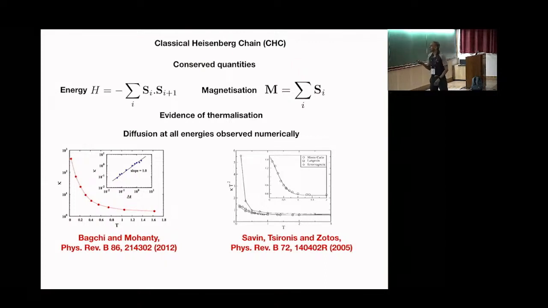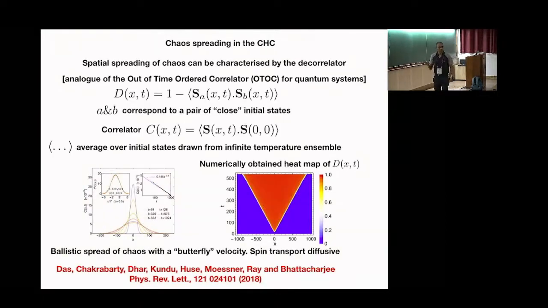Here are some numerical calculations of the thermal conductivity, from which you can extract the thermal diffusivity of this model, with temperature being a proxy for the energy of the system. These calculations have been done for isolated systems, but because they thermalize, you can convert the energy into temperature. And you can see that you have a non-vanishing, non-infinite thermal conductivity over a wide range of temperatures, indicating the presence of diffusion. So this is one piece of evidence for thermalization in these systems.